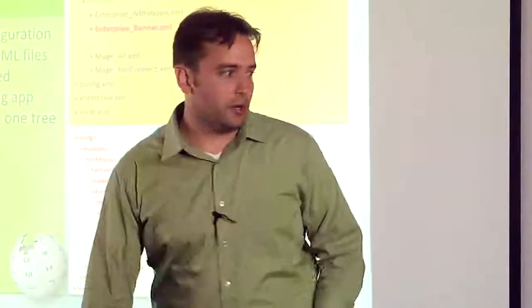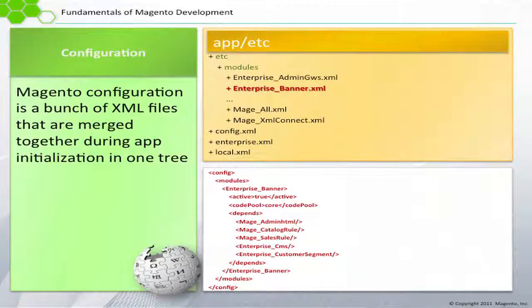Okay? There are some other vital pieces of information. The active flag, which basically says to the application, this module is active, go forth and find its configuration in the module folder. And then the code pool, which simply specifies where under app code the module can be found.